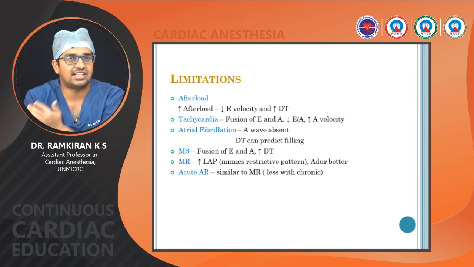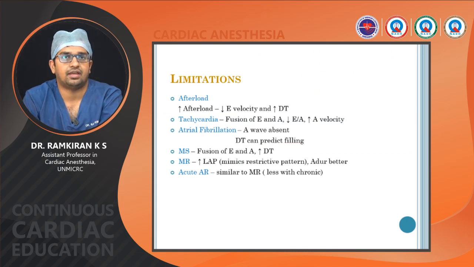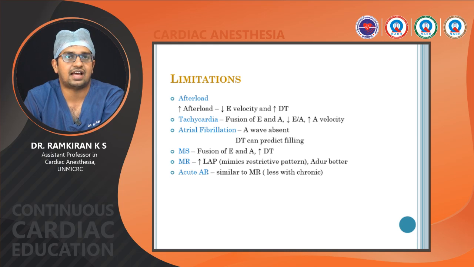So what are the limitations? Basically, in patients with increased afterload, you cannot do it because there is decreased E velocity and increased deceleration time. In patients with tachycardia, there is a fusion of E and A waves, so there also it is difficult to check this parameter.